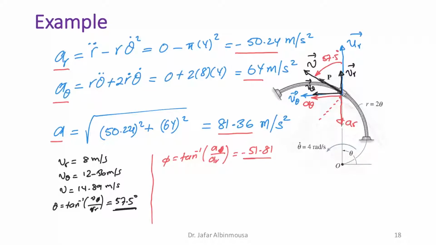So either you measure that angle from here as minus 51.8, or it equals this angle. In that way you will end up with the acceleration vector right here. As I said, that's the total acceleration vector.